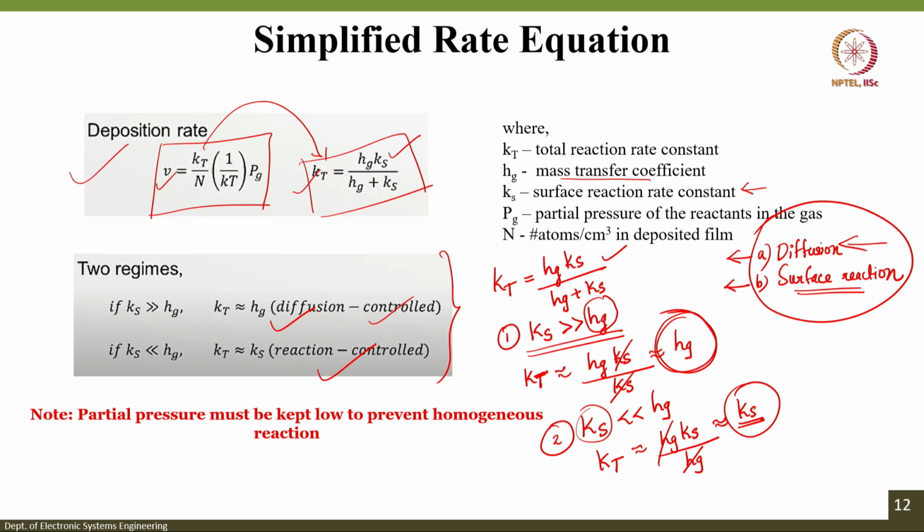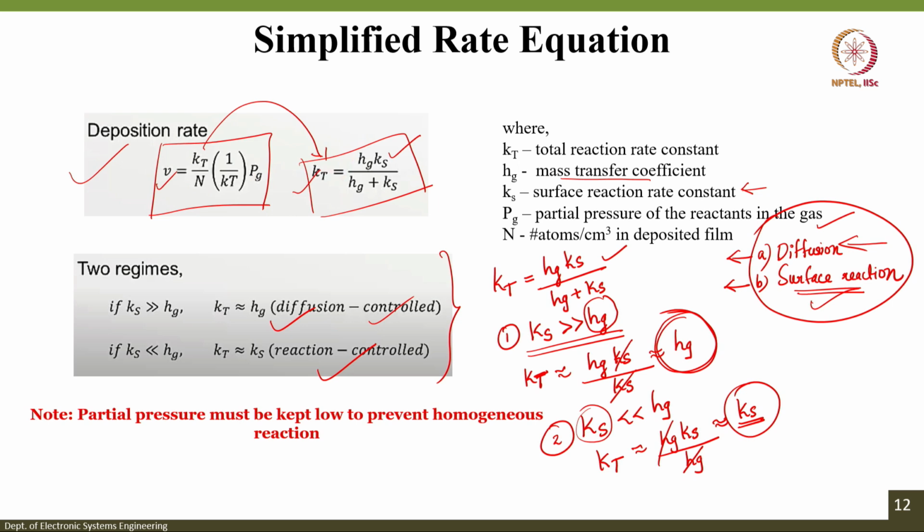The main takeaway from this slide is that there are two mechanisms that play a major role in a CVD chamber, a diffusion process and a surface reaction process, and whichever process is happening at a slower rate would be the rate limiting step of a particular CVD reactor.